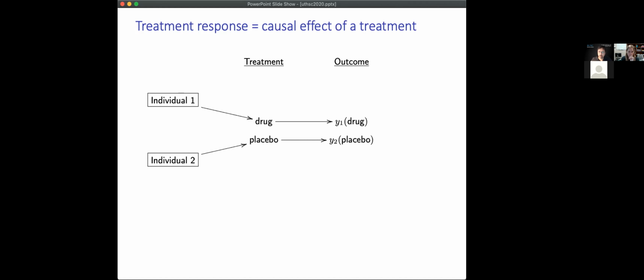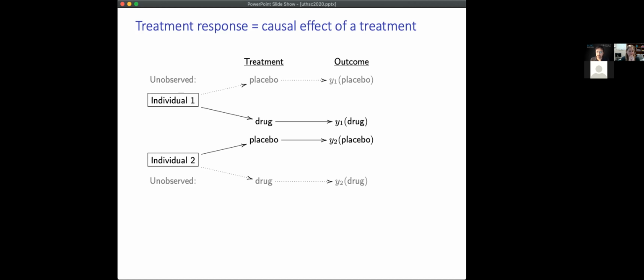So what we can then do is imagine a kind of parallel universe where, at the point of the treatment assignment, individual 1 instead got the placebo. You can think of this as an unobserved outcome that would be observed if we were in that parallel universe. And likewise for individual 2, at the point of treatment assignment, we have this counterfactual where individual 2 received the drug.